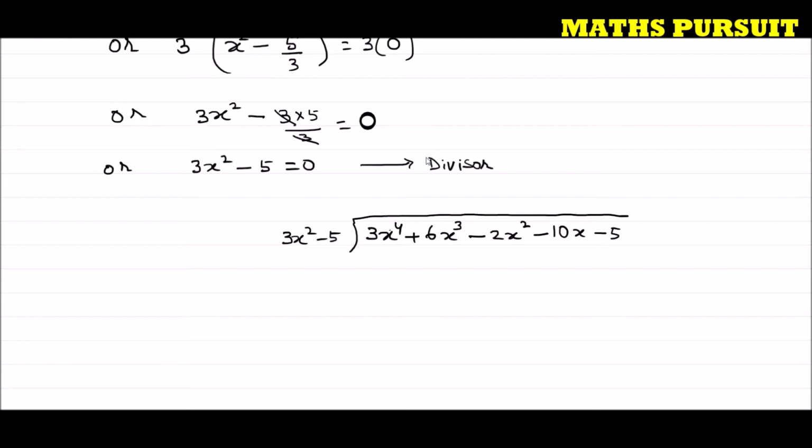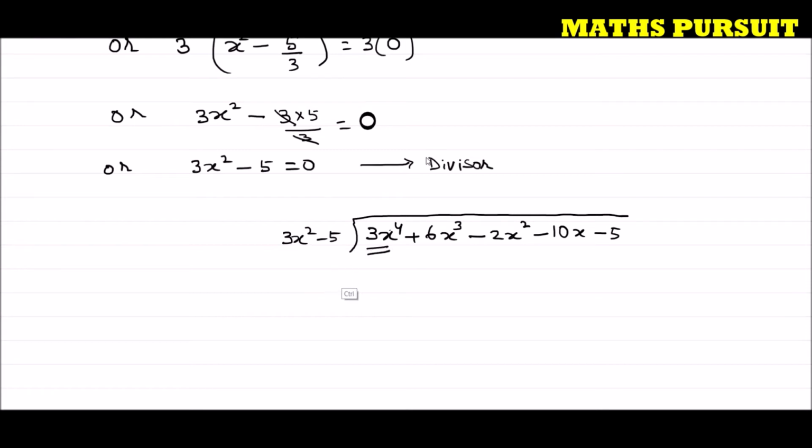Now here we have 3x to the power 4, and here we have 3x to the power 2. This 3x to the power 4 is the highest degree of this dividend. Now what should we multiply to this 3x to the power 2 so that we can get 3x to the power 4? The answer is very simple and straightforward.